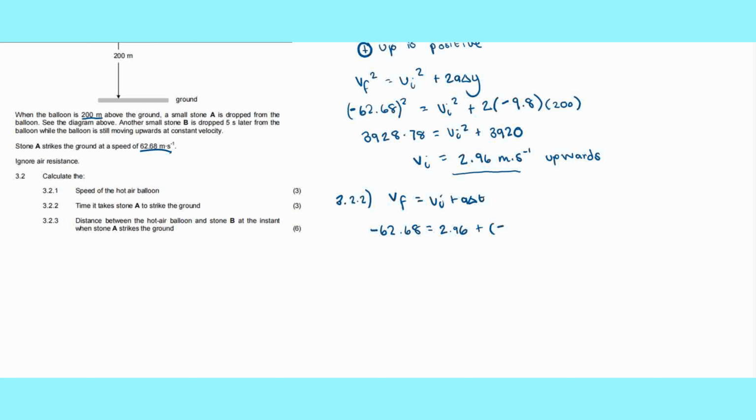Gravity is negative because it always acts downwards, and it is opposite to the positive direction which we chose. So simplifying algebraically and solving for time, we get time equals 6.7 seconds.